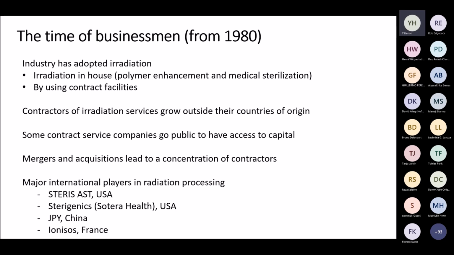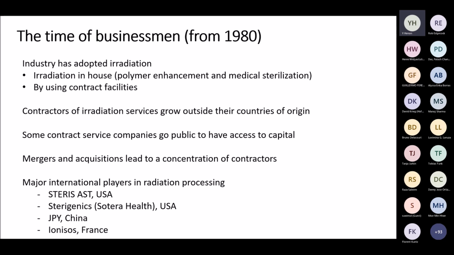Then came the time of the businessman, once industry had adopted irradiation. So two types of irradiation facilities: some in-house, especially for polymer enhancement or medical sterilization, on the premises of manufacturing companies.